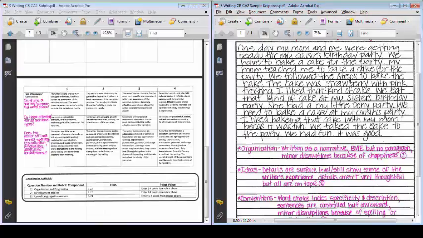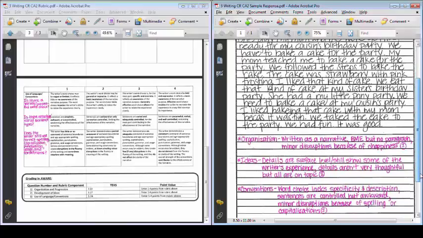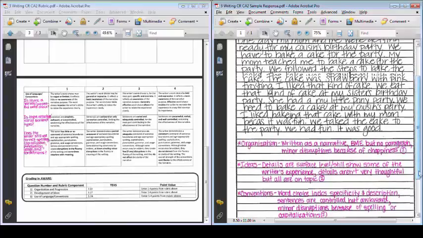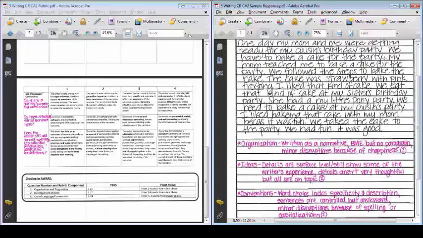So it's not really on topic. So while some of the details were there and some of them weren't, I gave it a level 2. I wouldn't give it a level 3 or 4 unless every single detail in the story was about baking that cake.